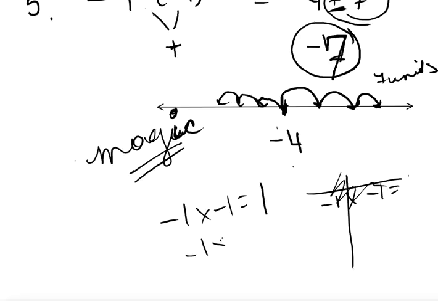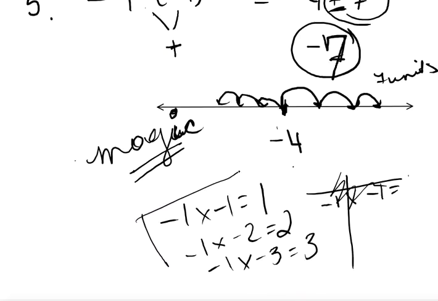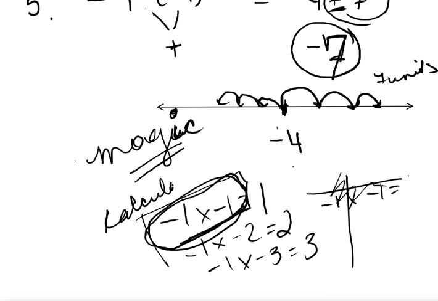And -1 times -2 equals 2, and -1 times -3 equals 3. But they might say, why? Why is that the case? Why is a negative times a negative a 1? Other than the fact that you're showing it to them, other than the fact that you can show them on a calculator, it really requires them to trust you.